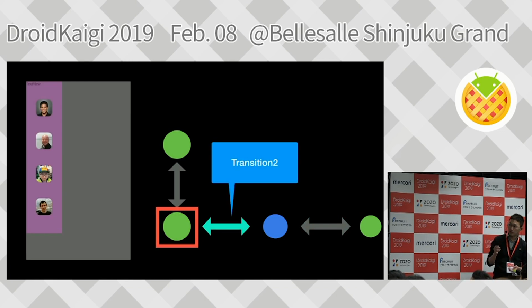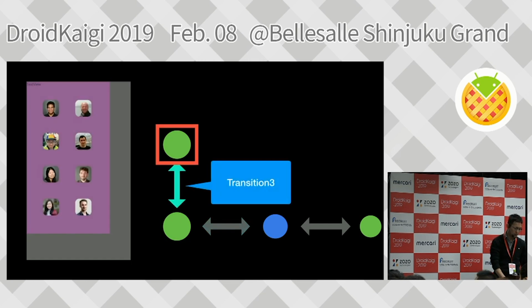And by defining another transition, it brings the side navigation in half visible. And by defining another transition, that side drawer is now fully visible. Yeah, that is how multi-state works.